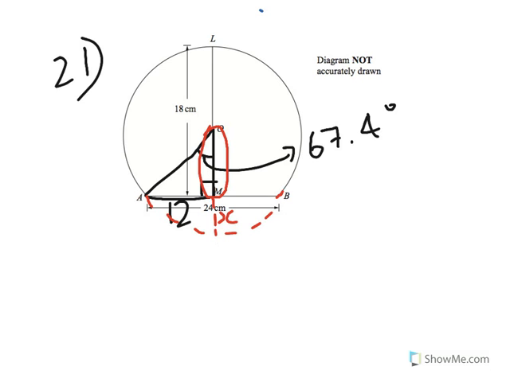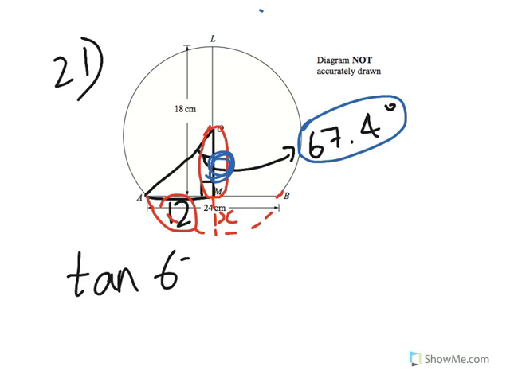So this side, if you look at these two sides, you're given the opposite side, and you're also given the angle over here. So you need to find out this side over here. So that's the adjacent side, and you have the opposite side. So tan of 67.4 is equal to the opposite, which is 12, over the adjacent, which we'll call y.